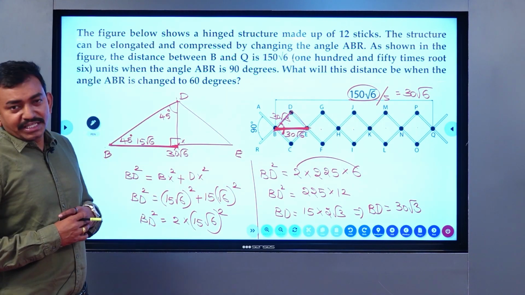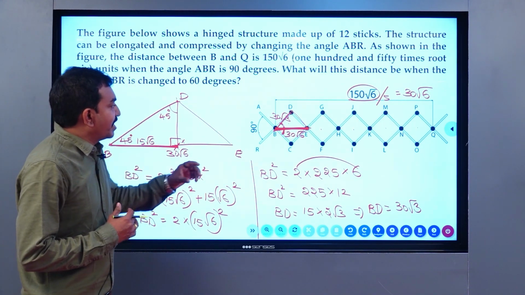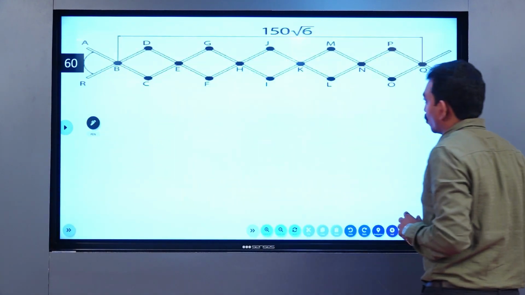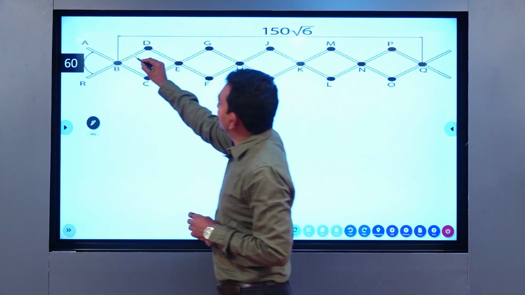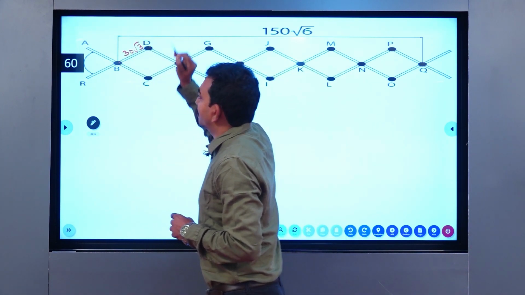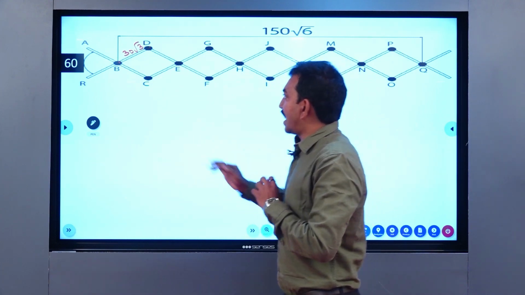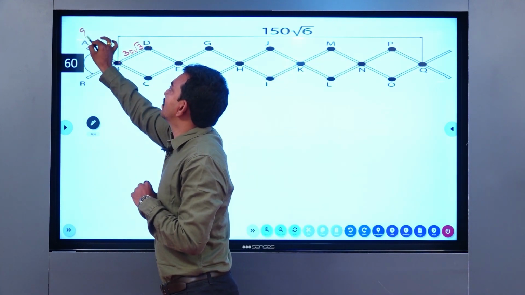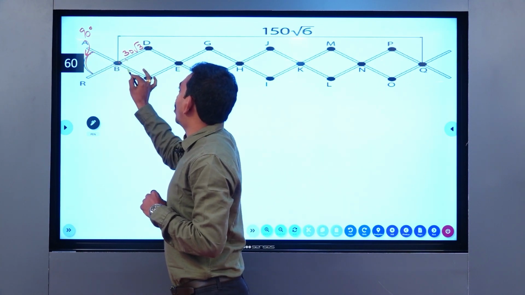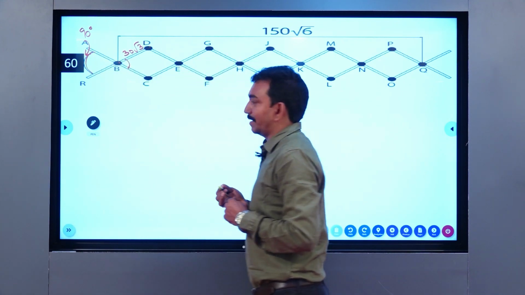But what am I going to do with this? Now we are going to change this angle from 90 to 60 degrees, right? Going forward, we got this length BD as 30 root 3 in the previous slide. As we change this angle from 90 degrees to 60 degrees, if this is 60, the vertically opposite angle would also be 60.